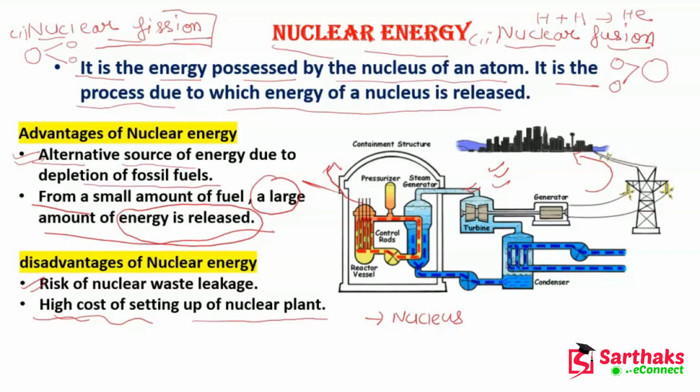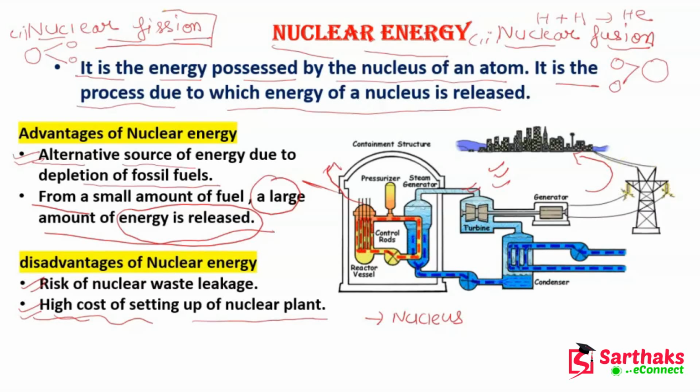So this will cost a lot of money. That's why the cost of setting up a nuclear plant is very high. It is very expensive. So this is also a disadvantage of nuclear energy. I hope, guys, these points are clear to you.